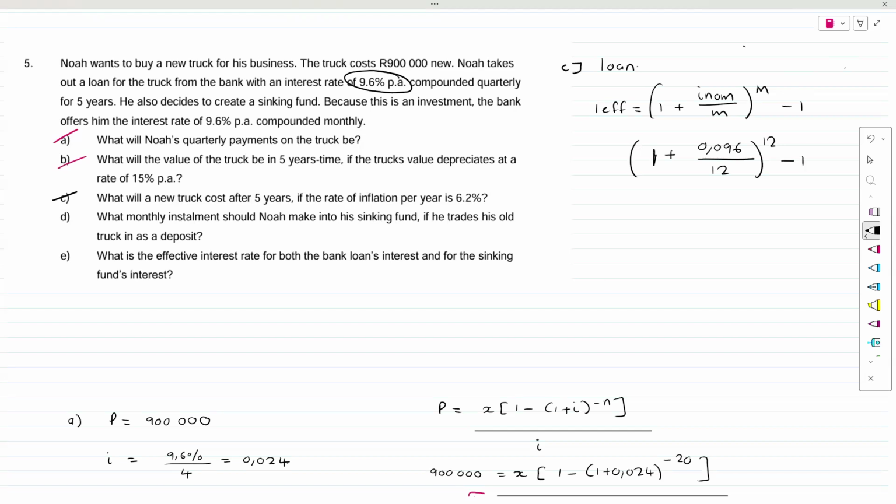So again, semi is 2, quarterly is 4, monthly is 12, weekly is 52, daily is 365. And the amount that we get for the loan is 0.0995, or when you times it by 100, it's 9.5%.